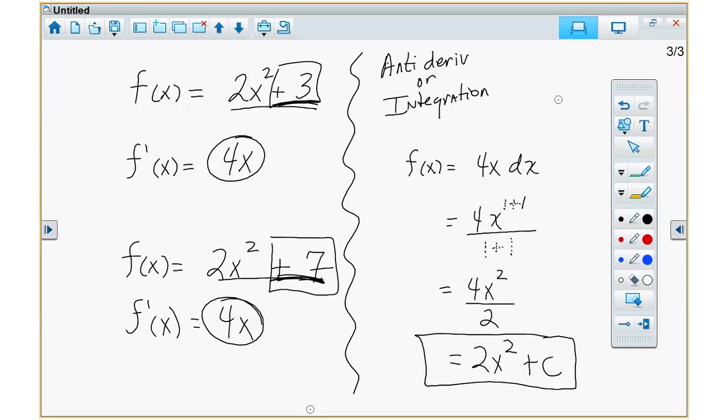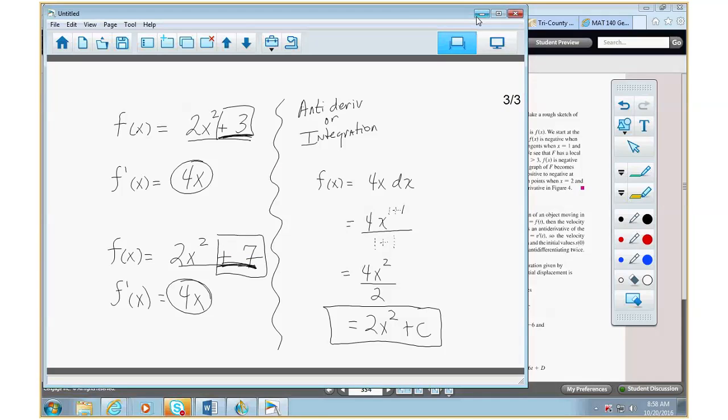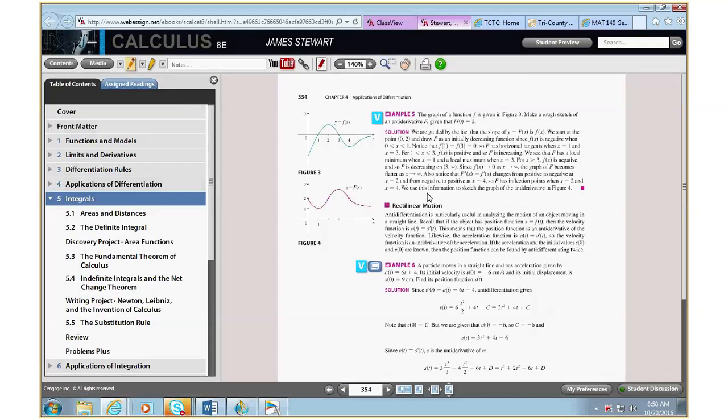So let's see where I am, see if I can find it in this book, which is hard to find anything in. The definite integral.